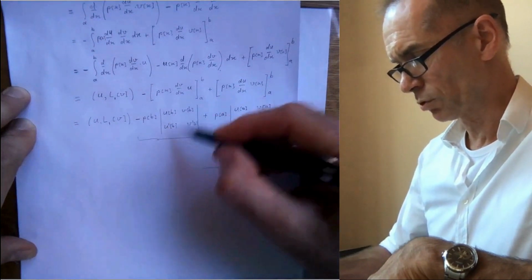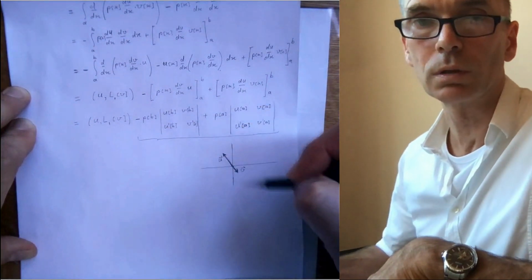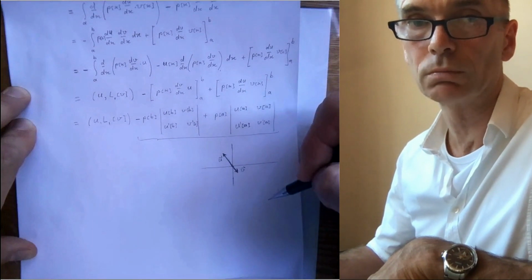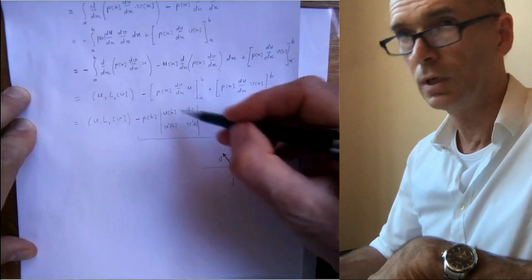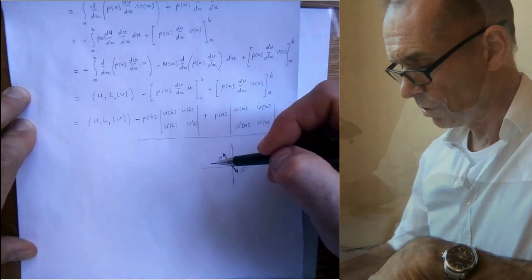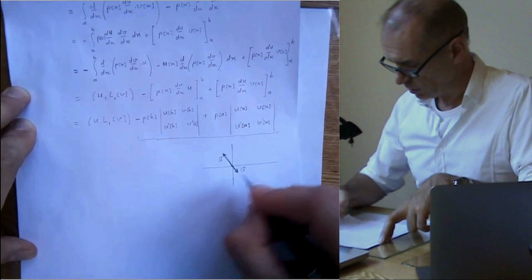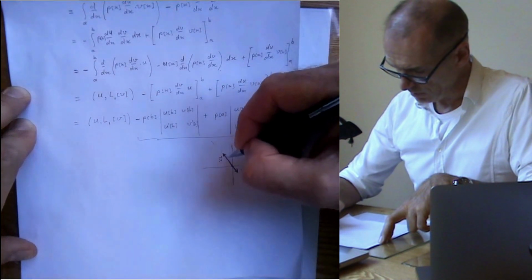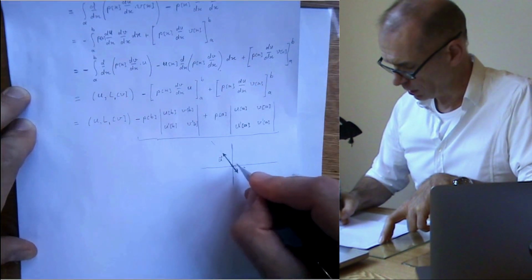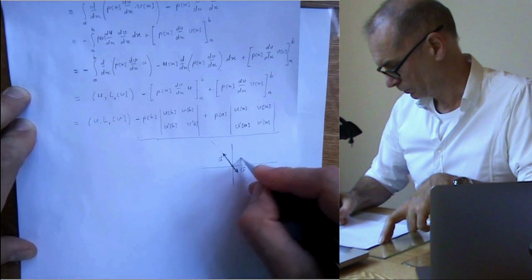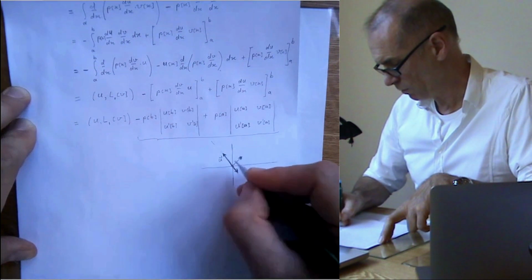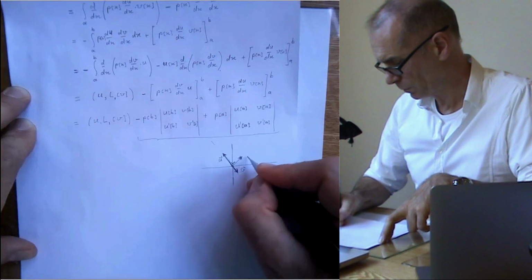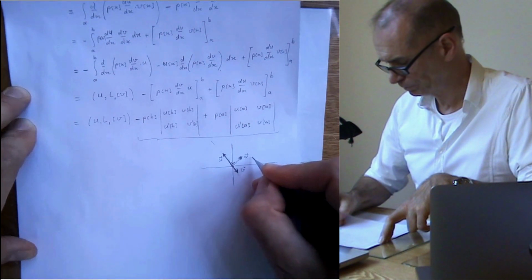If the column vectors are a scalar multiple of one another, then they are linearly dependent, and then this determinant would be 0. But that means if they are along the same line, they are both perpendicular to one and the same vector, and I call that alpha.